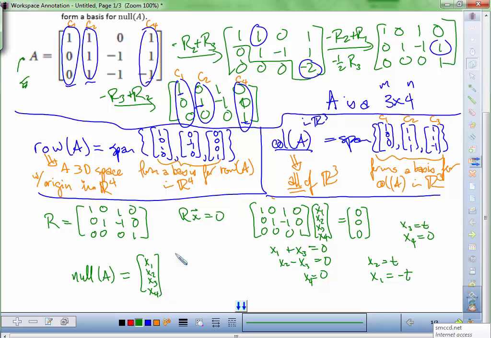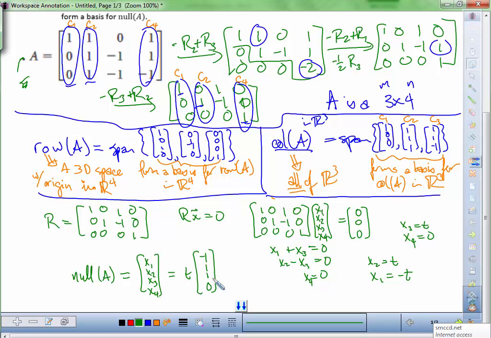It's a vector in 4 dimensions such that this is equal to t times the coefficients of t: -1 times t is x1, +1 times t is x2, +1 times t is x3, and 0 times t.